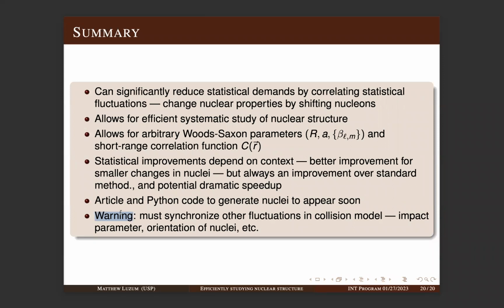So we still have to go into the code and synchronize all the other fluctuations, which in principle is not difficult, but it requires rearranging things. It will be very useful for plugging into Trento, but not right yet. If you have other models like IP-Glasma, then you have to think about what fluctuations are in there and how to synchronize them correctly.